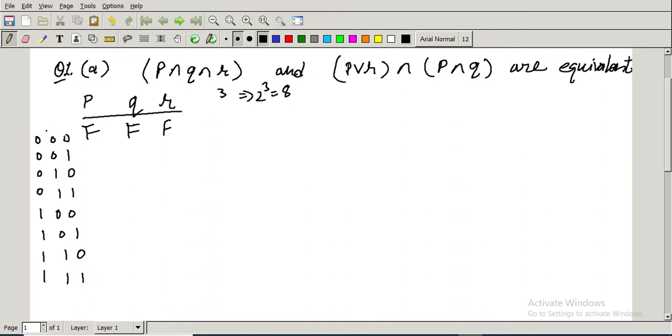Now fill F for 0 or false and T for 1 or true.